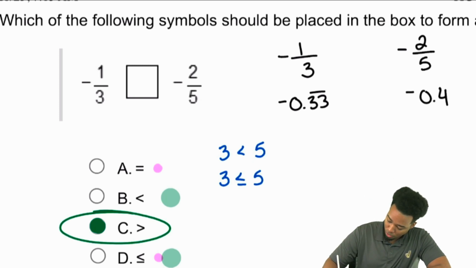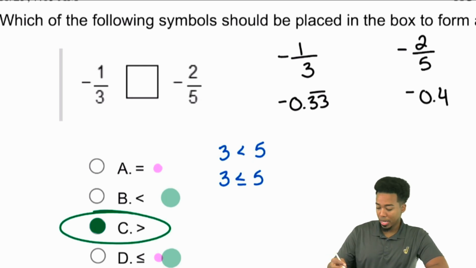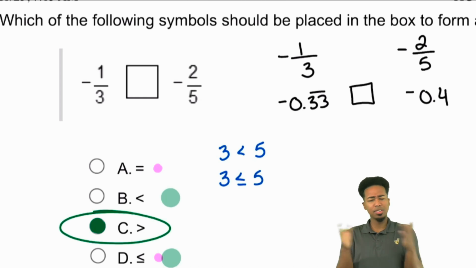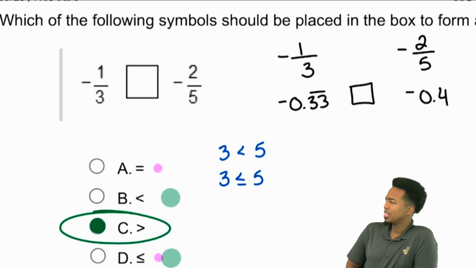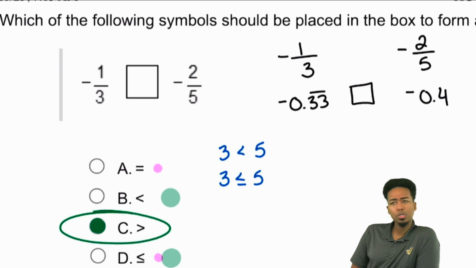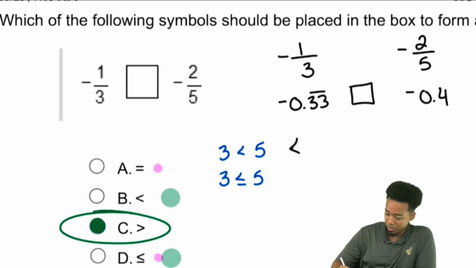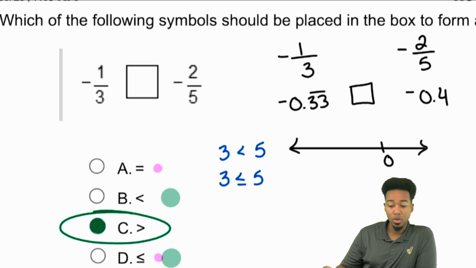Negative 0.4. Cool. So now let's put that box right there in the middle, and let's ask ourselves, okay, we have negative 0.3 repeating and negative 0.4. Which one's bigger? Well, because they're both negative, think about it like this. On a number line, my party people, here's 0, and when you're negative, the one that's further to the left is the smaller number.